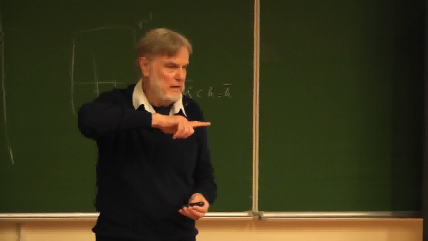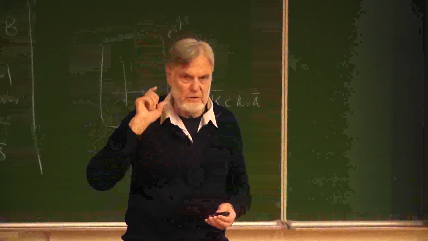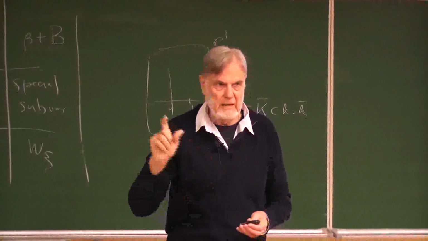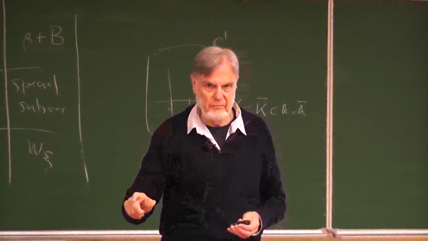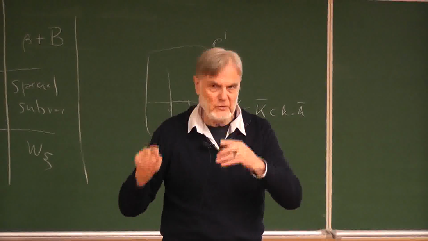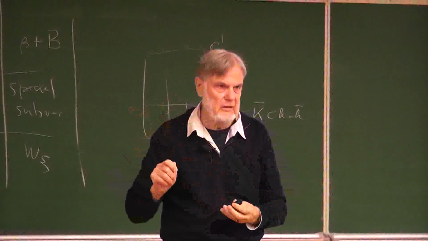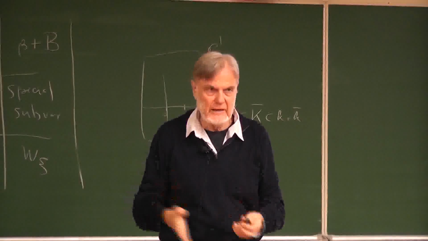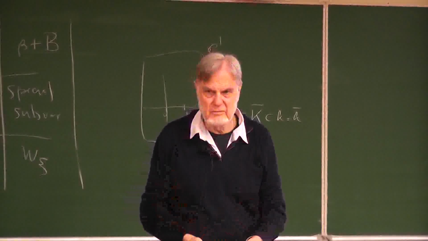And let me run ahead of myself and explain to you one nice aspect. Suppose you have an elliptic curve over Q, and you have another elliptic curve over Q. And suppose that these curves are isomorphic over the complex numbers. Are these curves isomorphic over Q?